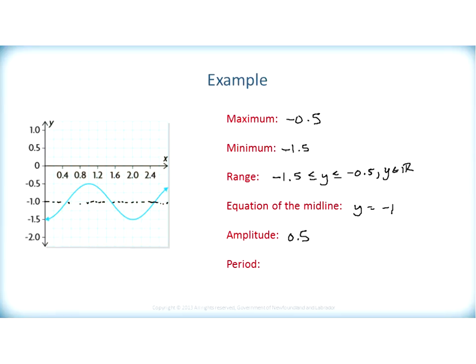So our max would be right here, and our min is going to be right here at 2. So that's 1 to 2, which would be 1 unit, and that's half the distance. So 2 times 1 would give us, the period of this one would be 2.